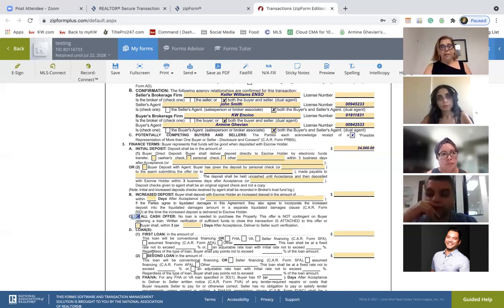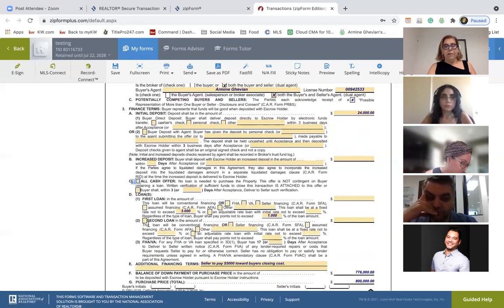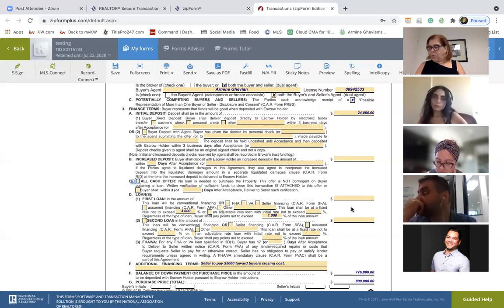What about if there is a loan? I have read it. So tell me, what will be the amount here? Let's say it's 80%, 20% down payment, and it's 800,000. $160,000 is the down payment.